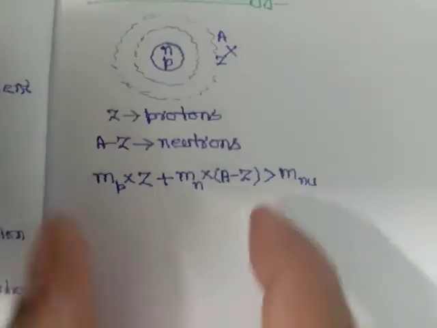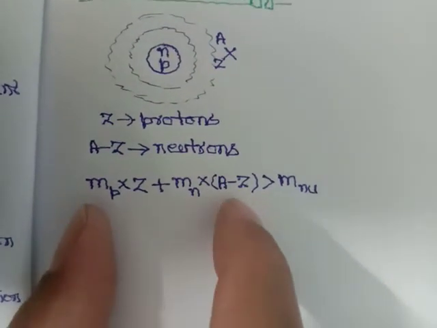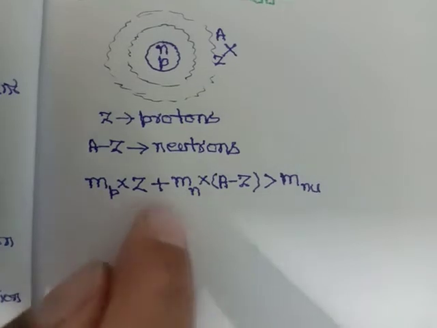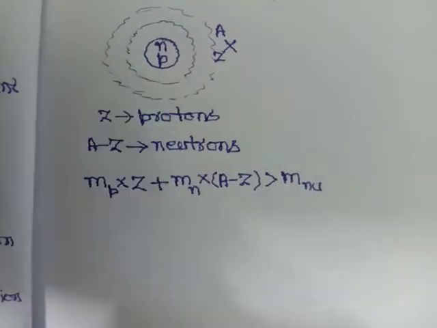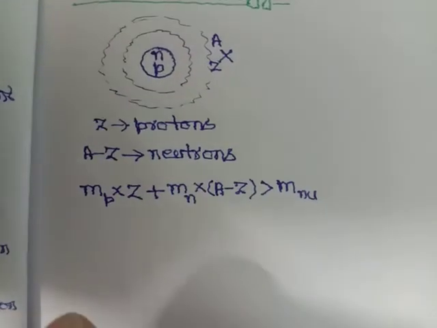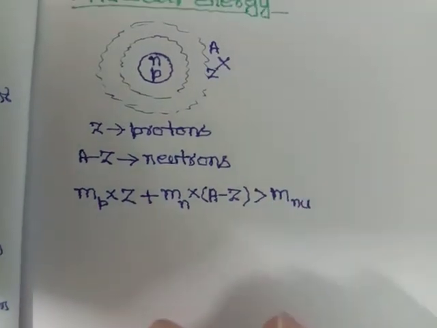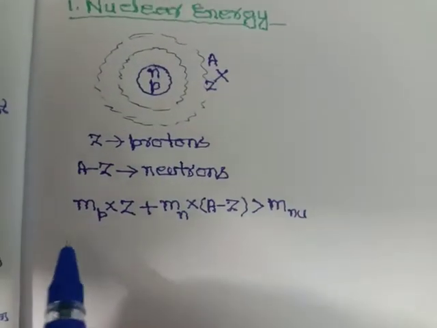It means some mass is lost in the formation of the nucleus. How can we find the loss in the mass?